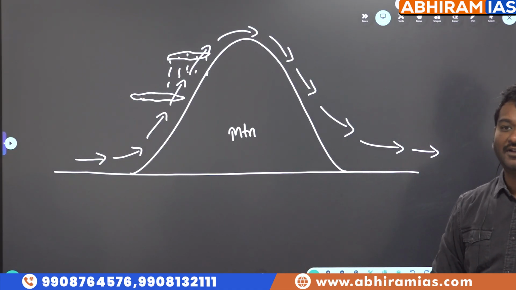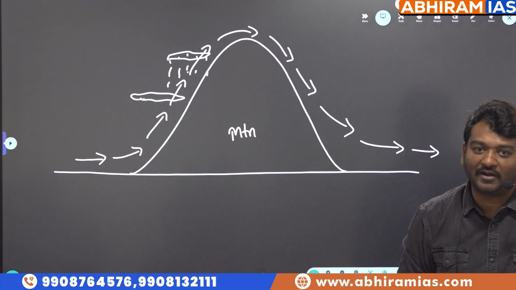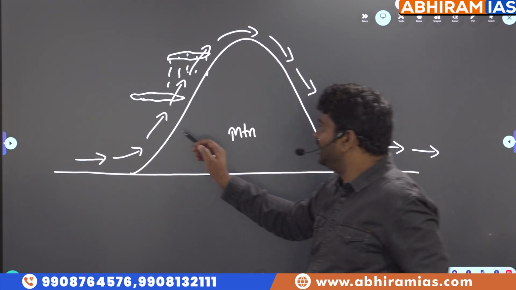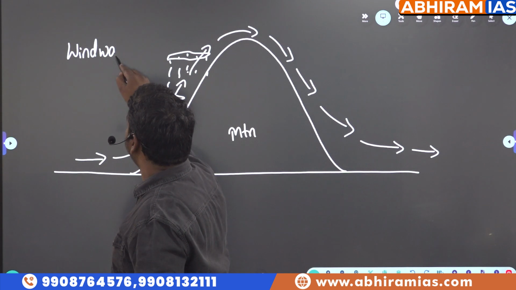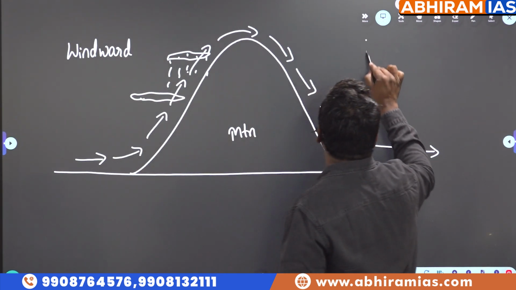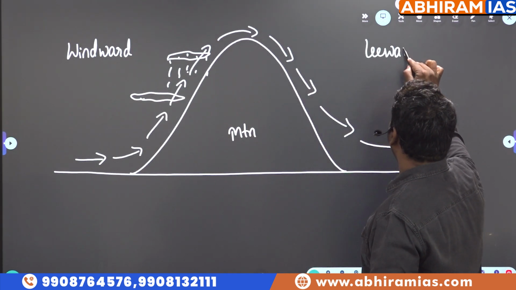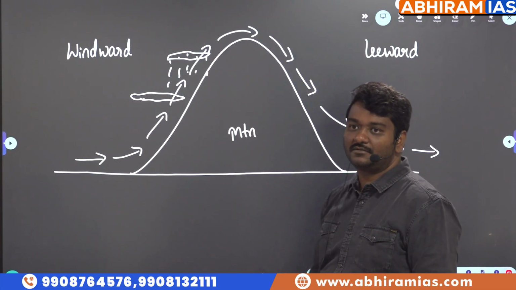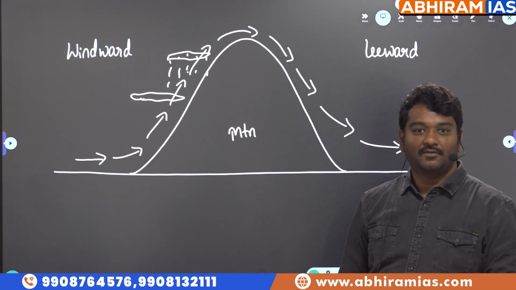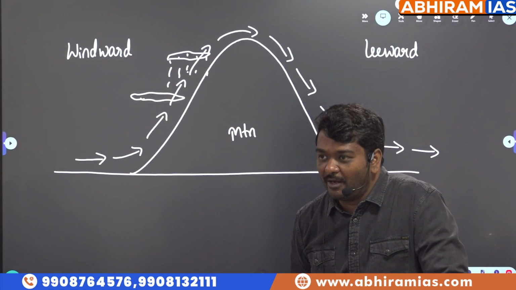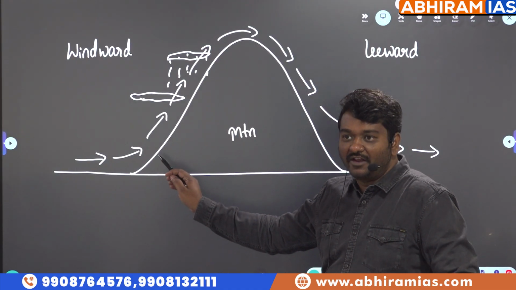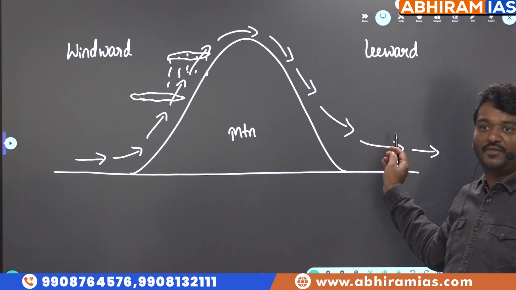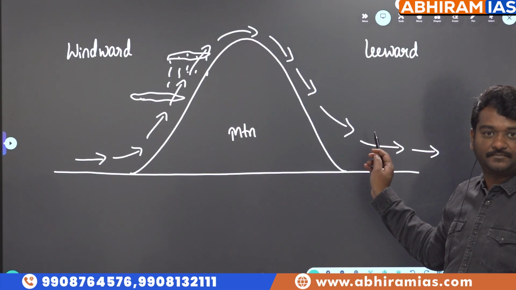If you have a mountain, which side will you have rainfall, which side will you not have rainfall? Windward side you will have rainfall. Correct? Leeward side you will not have rainfall. What is the reason? This is the question. There will be adiabatic cooling on the windward side. There will be adiabatic heating on the leeward side. Okay.